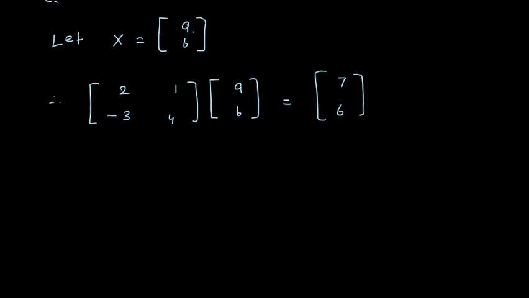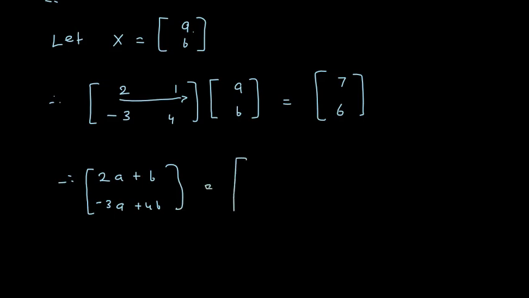So this row I multiply with this column, so I will get 2a plus b, and with this second row we will get minus 3a plus 4b, and my final result is [7; 6].